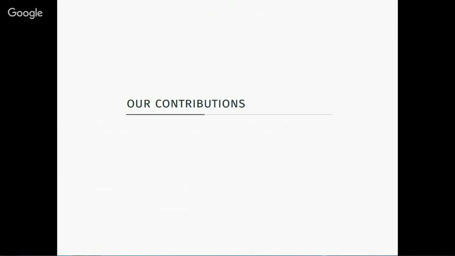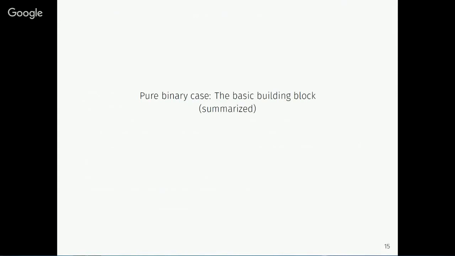So what are the contributions regarding this? The first one that I'm going to summarize, because the proof is actually quite technical, but I'm going to give you the idea of how it works, is the pure binary case. And this was actually the basic building block that we're going to use in all the other results.